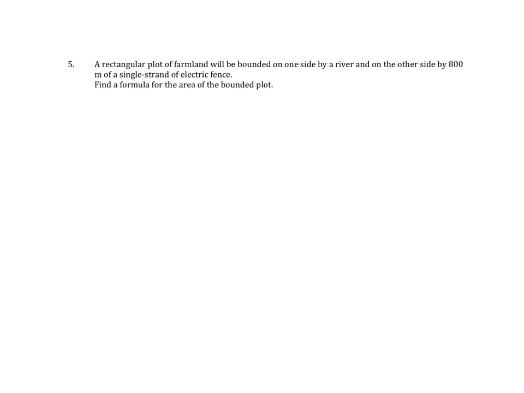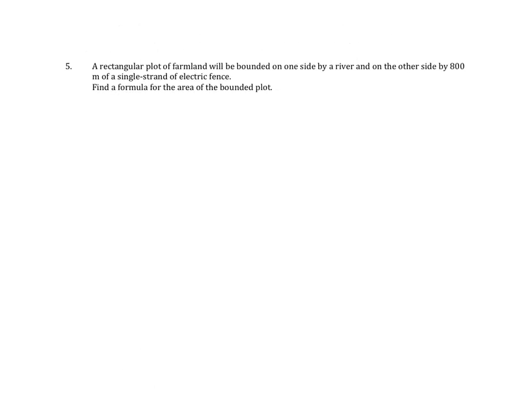Okay, next one: a rectangular plot of farmland will be bounded on one side by a river and on the other sides by 800 meters of single-strand electric fence. Let's draw a picture. It's going to be bounded on one side by some river, so we'll say there's the river.